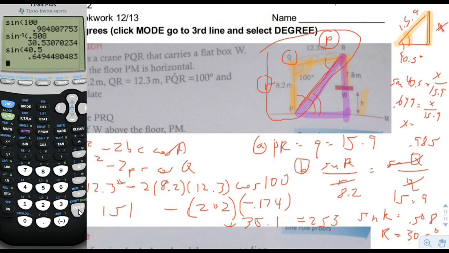So x is equal to 10.3. Okay, so the whole thing is 10.3. And this part of it here is 7.8. So what's h? So that would be 10.3 minus 7.8. And so what's left is h equals 2.5. Okay, so the answer here is 2.5.